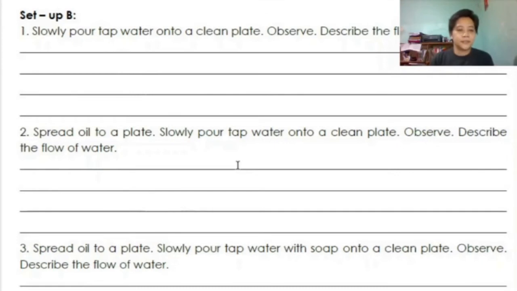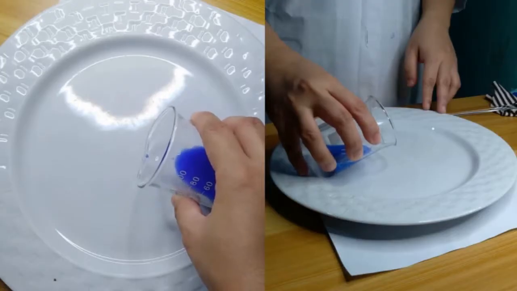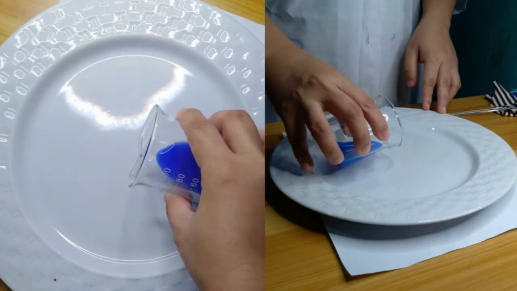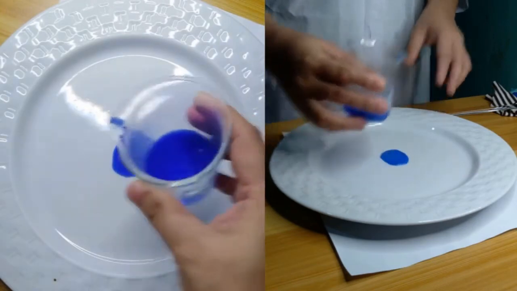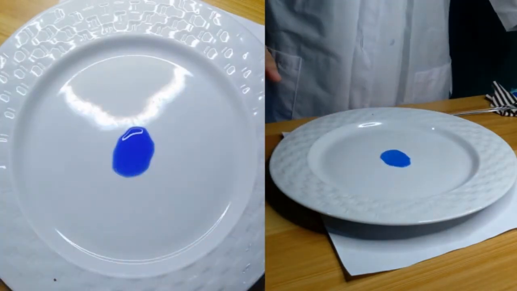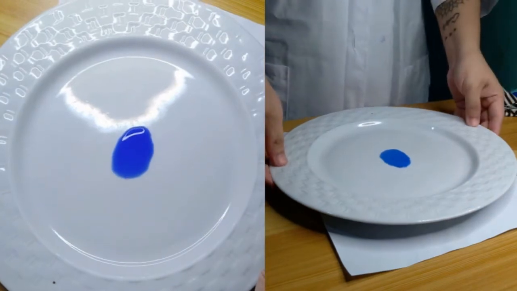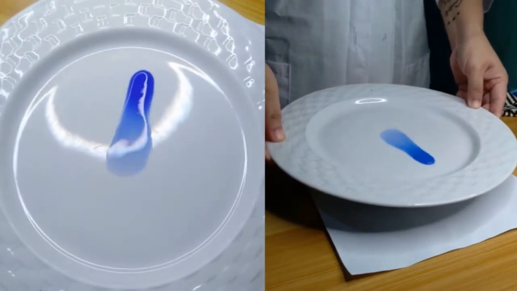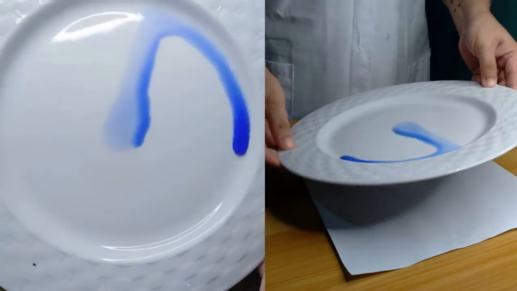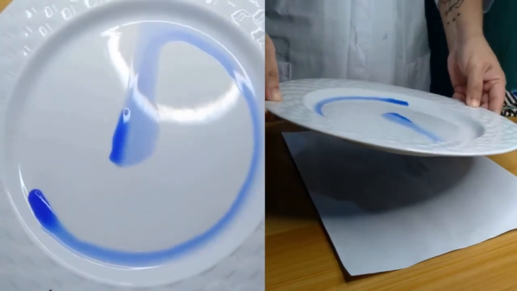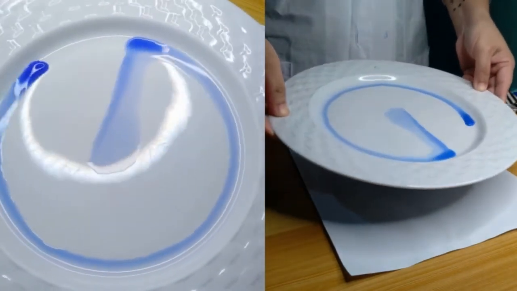Setup B. Slowly pour tap water onto a clean plate. Move the plate and observe how the water will flow.